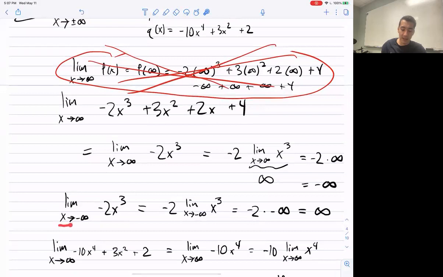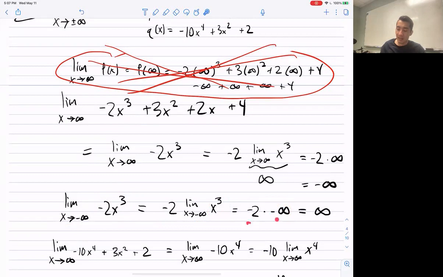Similarly, if we take the limit as x goes to negative infinity of that polynomial right there, that's just the limit as x goes to negative infinity of the leading term. Again, pulling out the constants, you get -2 times. Because we're plugging in negative infinity and we're cubing it, it stays negative.